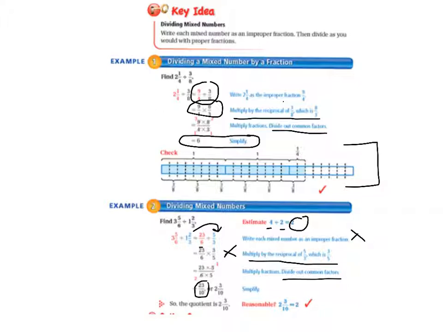But that's still an improper fraction, so we divide the top by the bottom, and we come up with 2 3/10 when we simplify. So the quotient is 2 3/10. Is it reasonable? Is it close to our estimate? And the answer is yes.